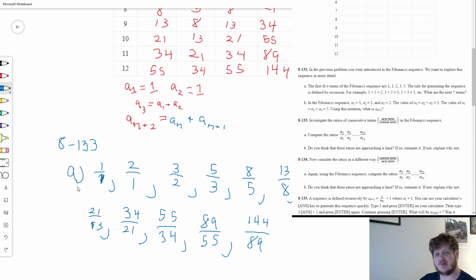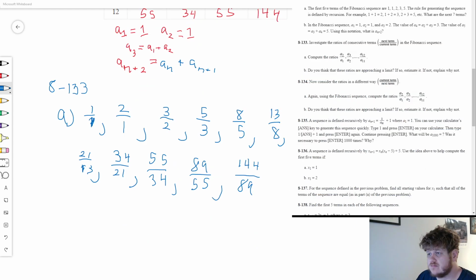So in my mind, because it keeps narrowing in onto a smaller and smaller range between each term, it seems like there's probably going to be a limit. Now, if we want to estimate that limit, it's a bit of a challenge. So we might have to rearrange how we write this function to estimate that limit. So what we're going to do is dissect what type of things we have here.